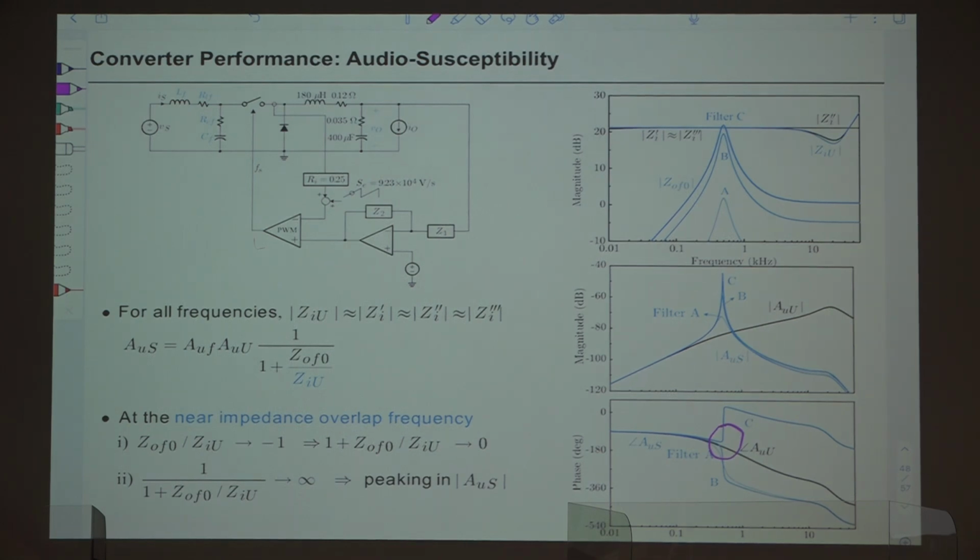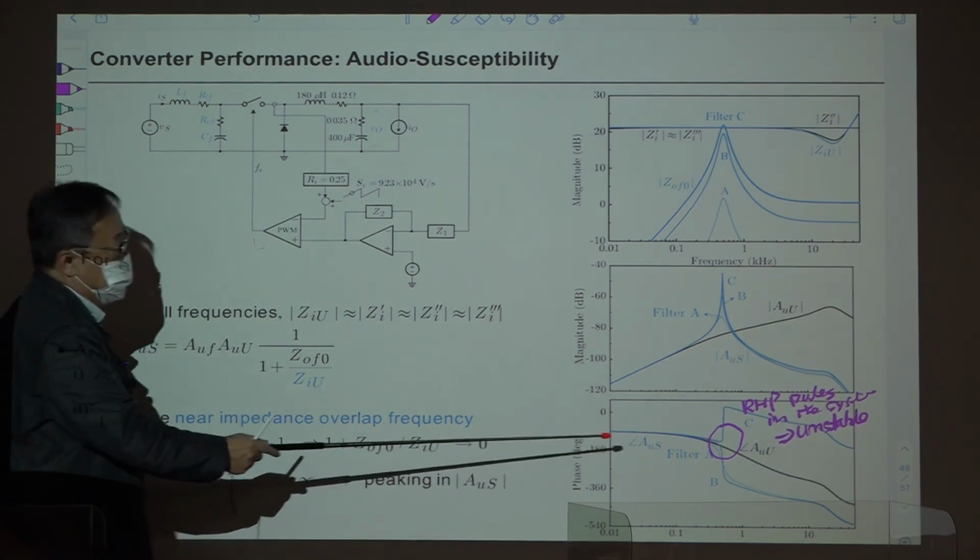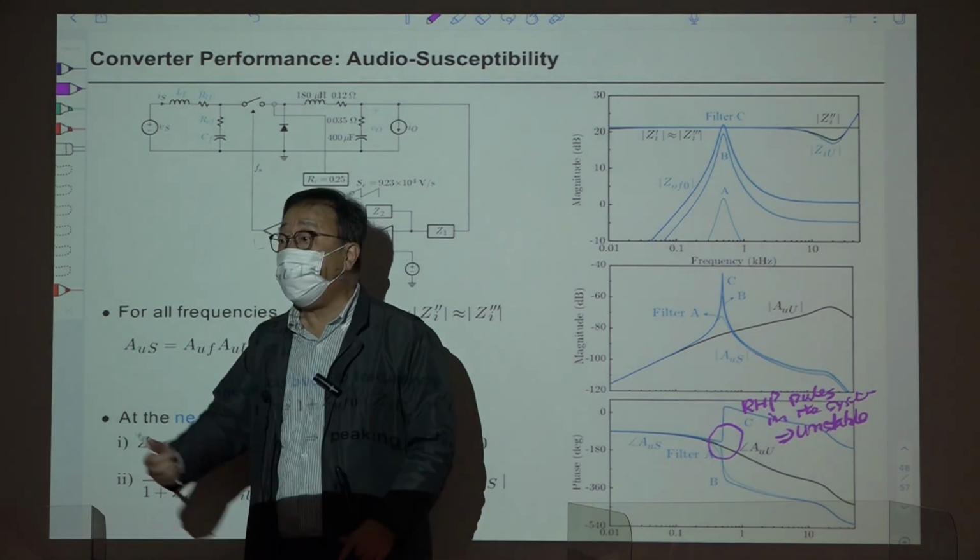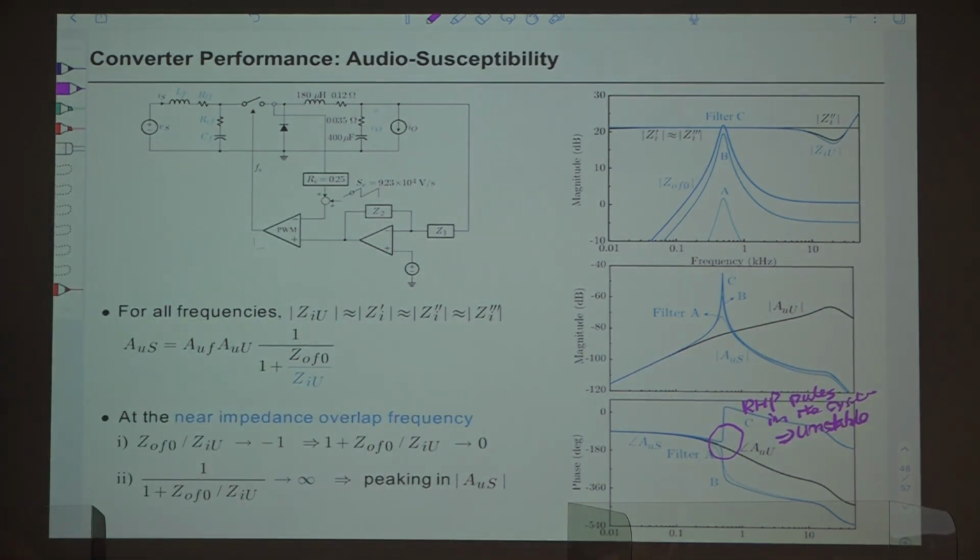So this phase characteristic is telling us there are two RHP poles in the system. The system is obviously unstable. So the stability judgment is obvious from this audio susceptibility analysis or the previous loop gain analysis.